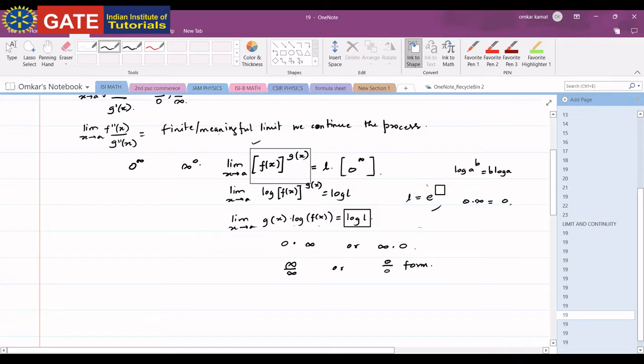Now, what does L'Hopital rule tell us? That either you try to evaluate the limit f of x by g of x, or you try to find the limit of f dash by g dash. Both are equal. Why is this?